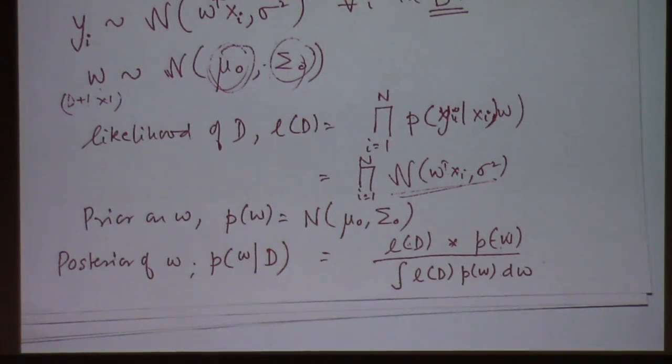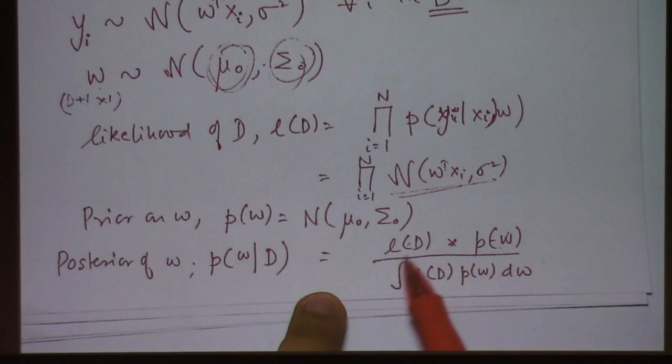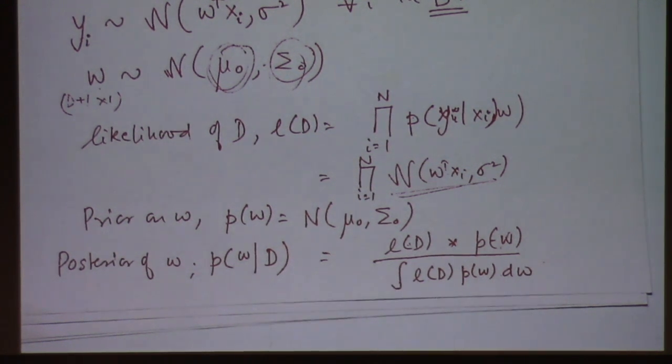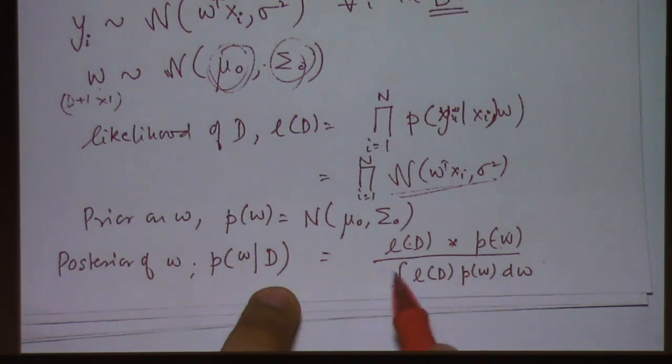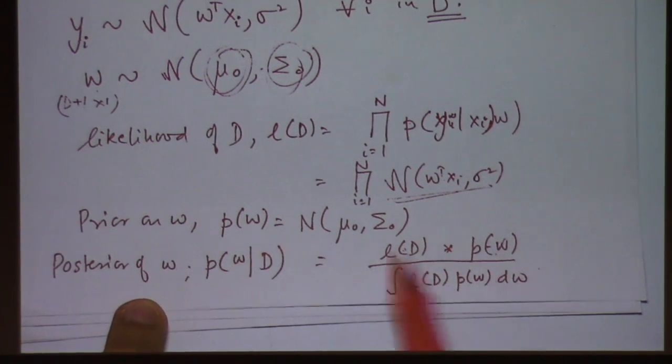This will be tricky. But what you will find is that, because in the problem I'm asking you to compare the posteriors, this normalizing term will be the same for all W's. So you don't really have to compute this. You'll compute this for every W and just compare which one is highest.